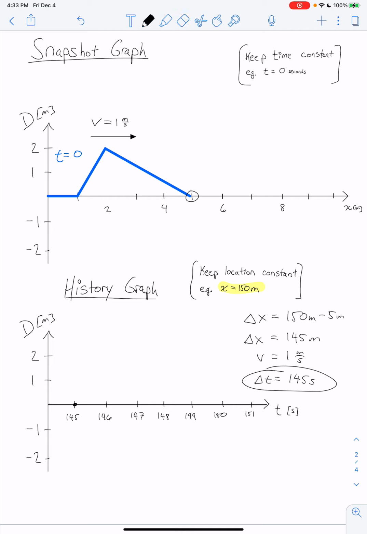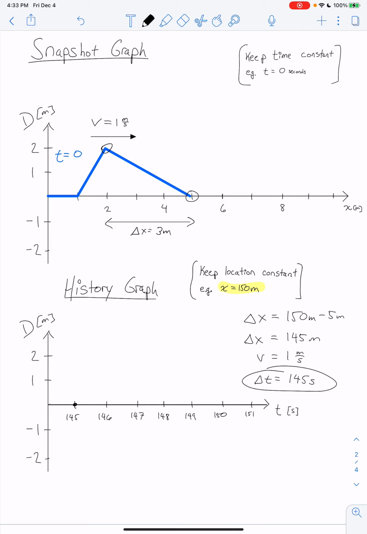Okay, well, let's think about when the peak arrives. Again, focusing on the distance, we could say the front of the wave is 1, 2, 3 meters away.